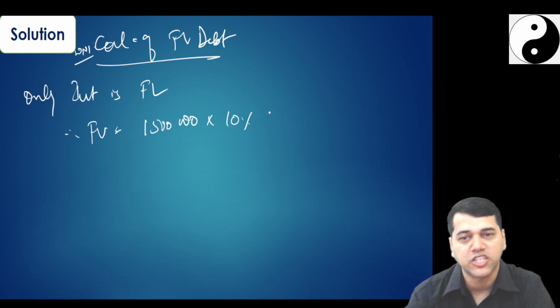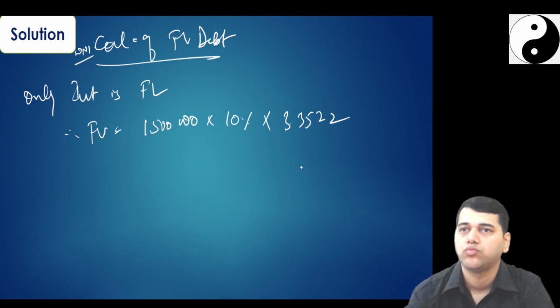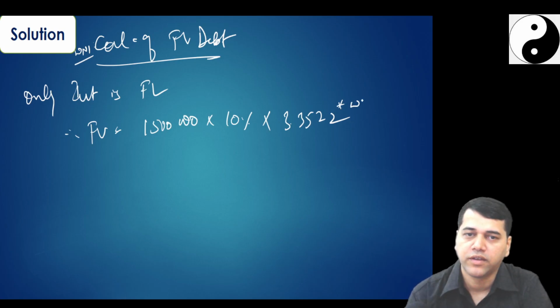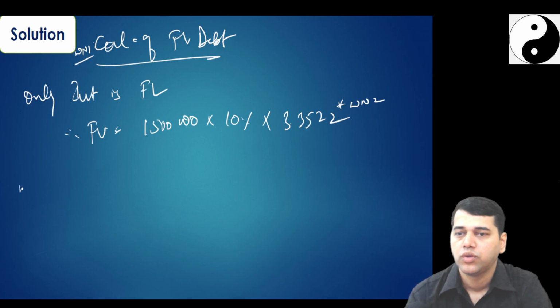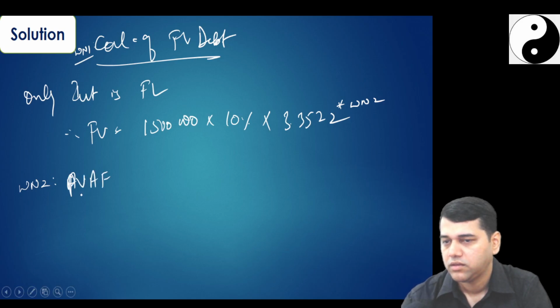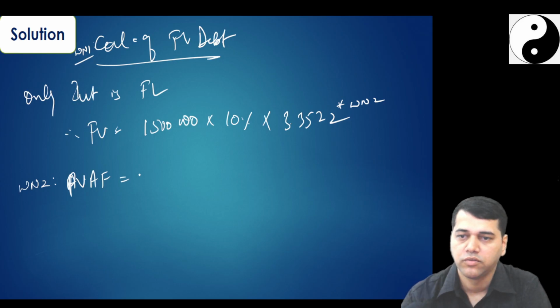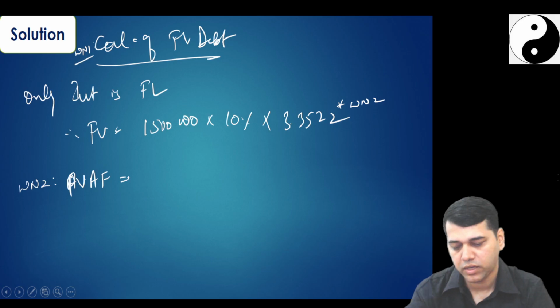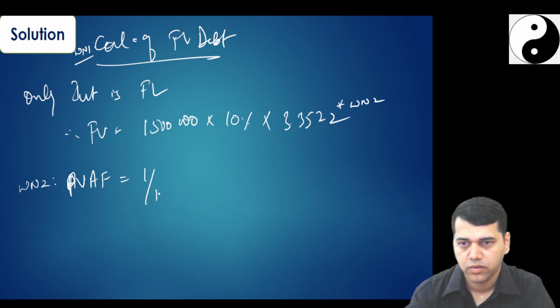This gives you the interest portion, into 3.3522. You can say working note number 2. Working note 2: present value annuity factor is equal to 1 divided by 1.15 to the power 1, plus 1 divided by 1.15.